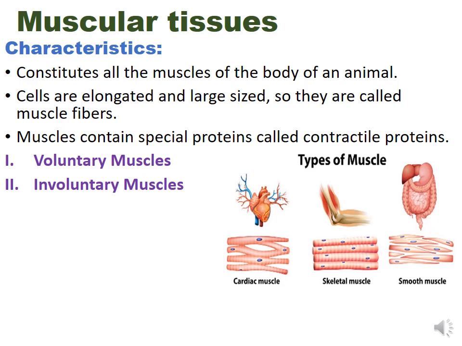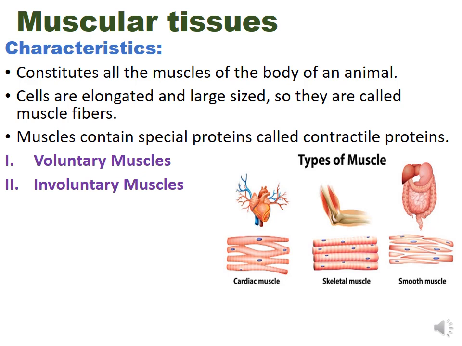Here you see this cardiac muscle and the smooth muscle, they're the involuntary muscles, because they do not contract according to our choice, according to our wish. And here the skeletal muscle is the voluntary muscle, because it can contract according to our wish.